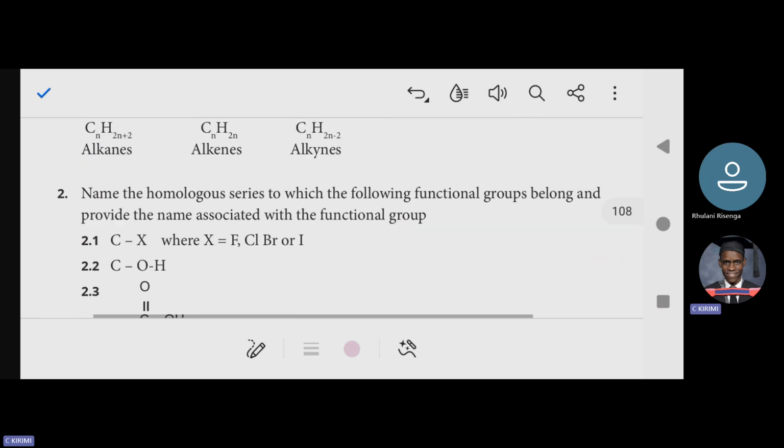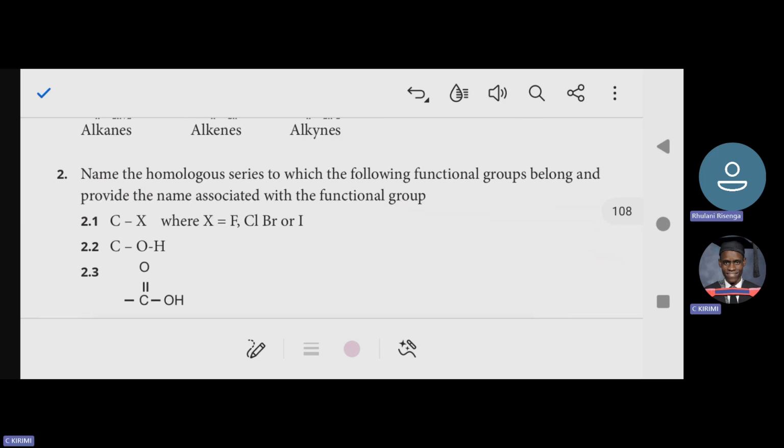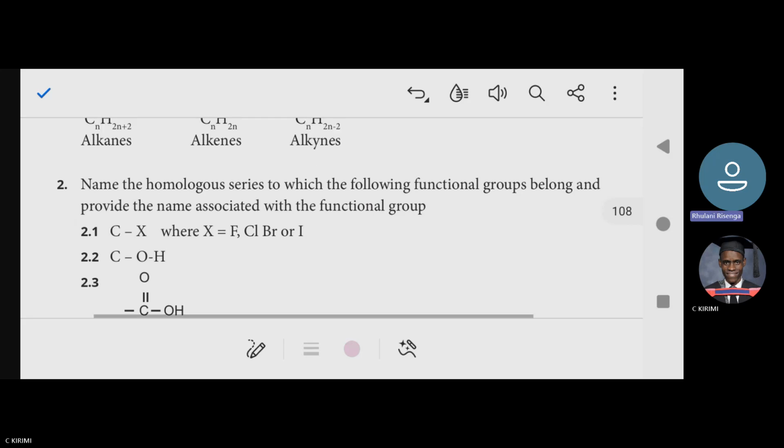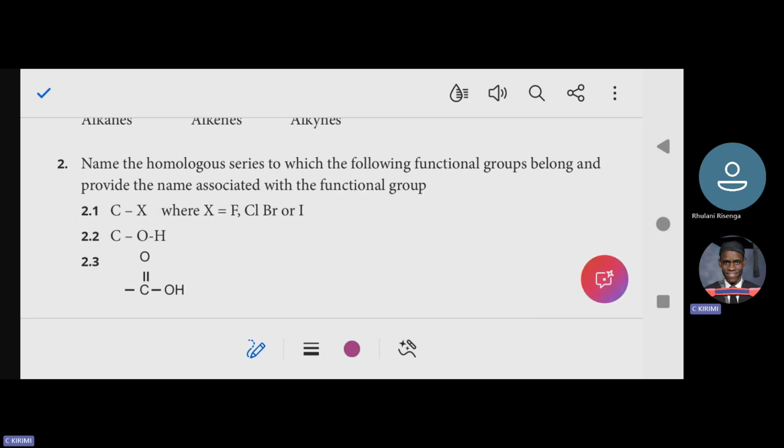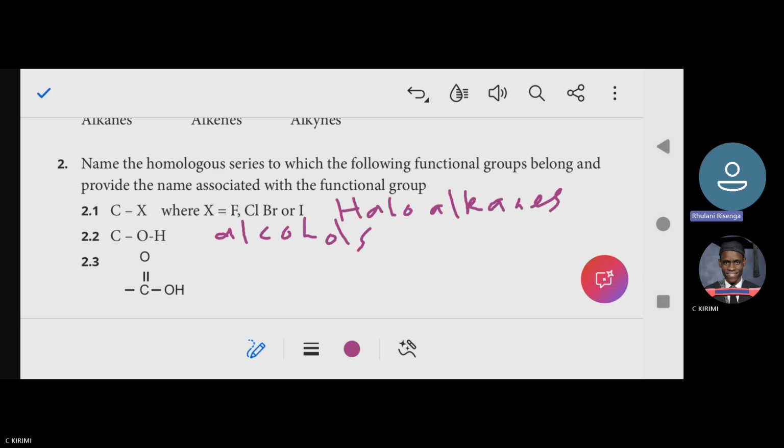So here you are saying these are haloalkanes, the other ones are alcohols, and the last one is carboxylic acid.